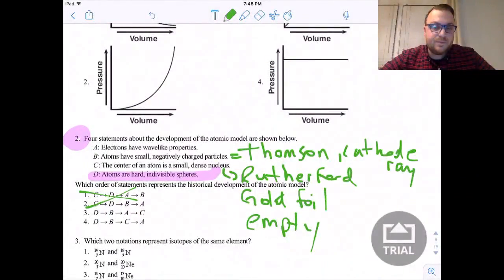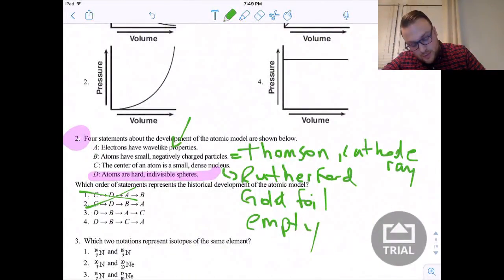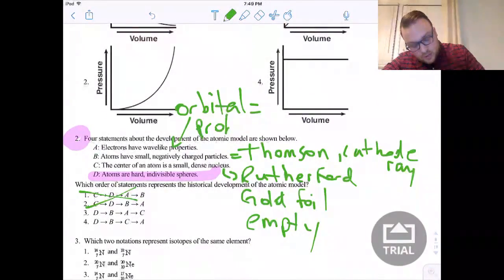And then A, electrons have wave-like properties, is what we associate with Schrodinger, but Schrodinger's name doesn't really pop up. What does pop up is the word orbital. And when you see the word orbital, you think probable location of electrons.